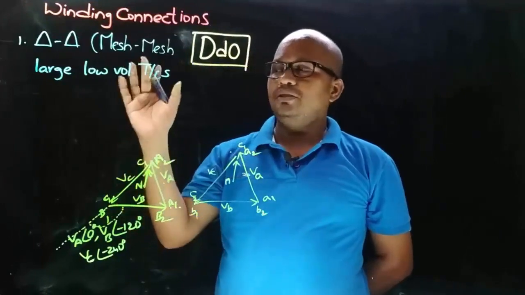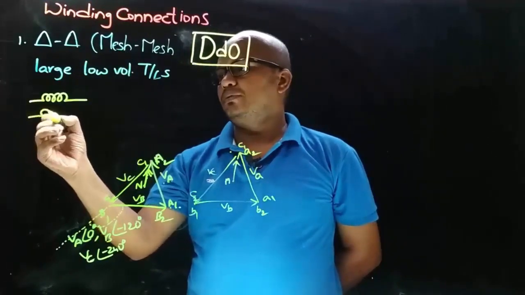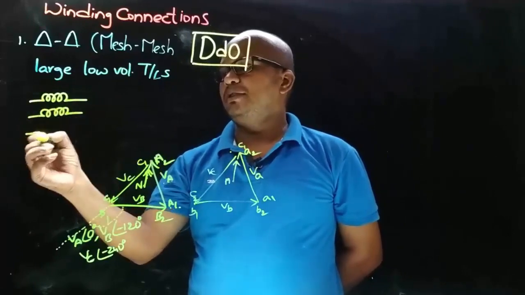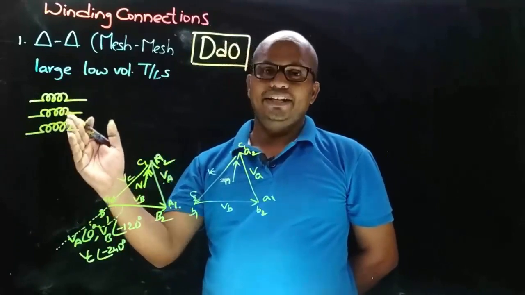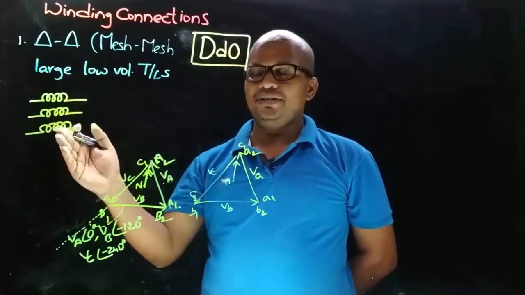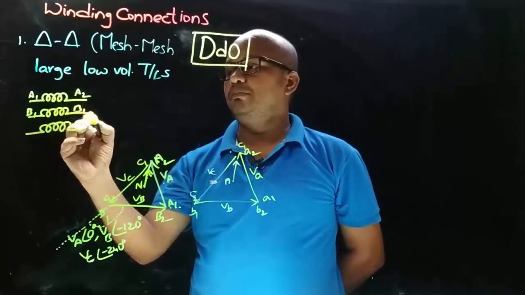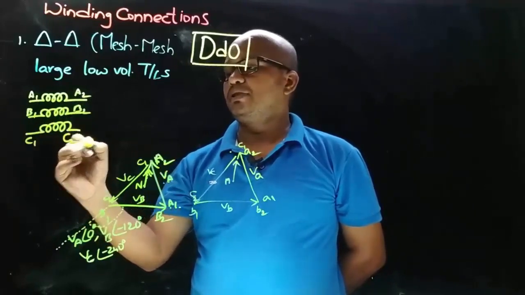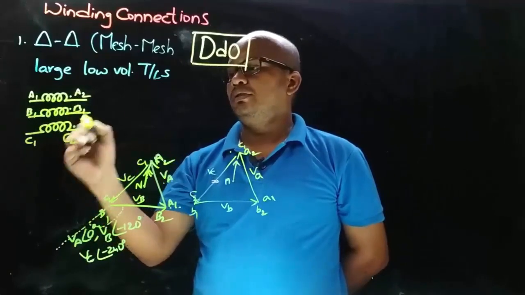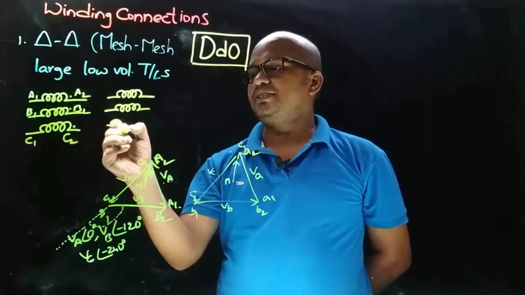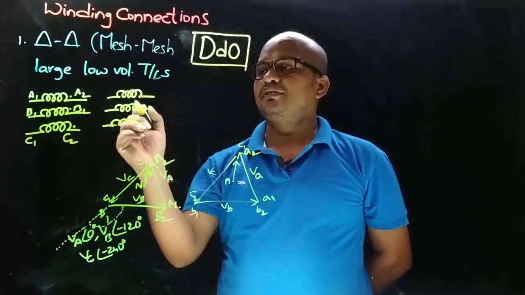Now let's draw the other possible connection of delta-delta. So let this be the primary side windings, that is HV side windings. So the terminals are capital A1, capital A2, capital B1, capital B2, capital C1 and capital C2, and we took the dot ends here, and let this be the secondary side windings, that is LV side windings.